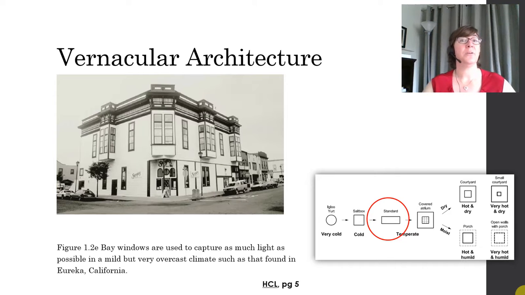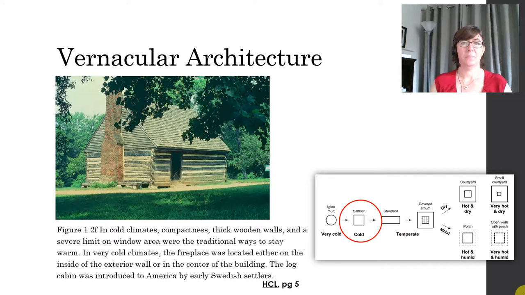In a temperate climate, you need to address both heating and cooling. And here we've got a standard or a compact building shape, but it's using bay windows to capture the light. And finishing up our discussion, in cold climates, we want the building to be compact, thick walls, and few openings.